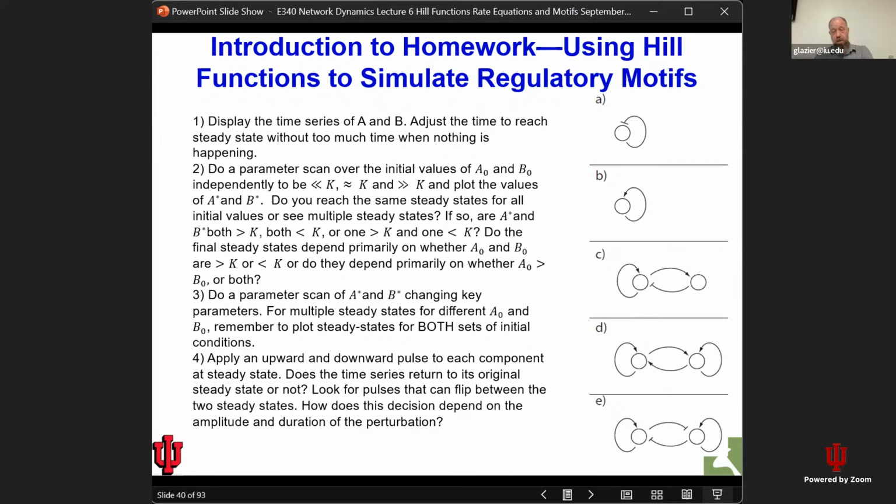And then you want to write a simulation where you change the initial values of A, if there's 1 value, and A and B if there are 2, and ask the question, do they reach a steady state? And if so, is the steady state independent of the initial values or not?